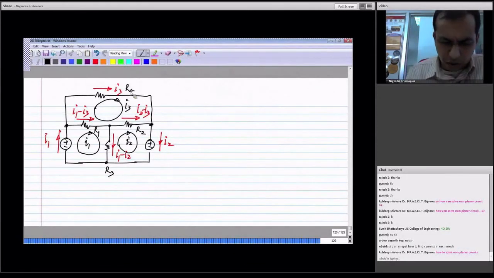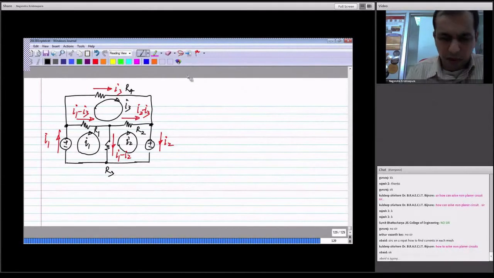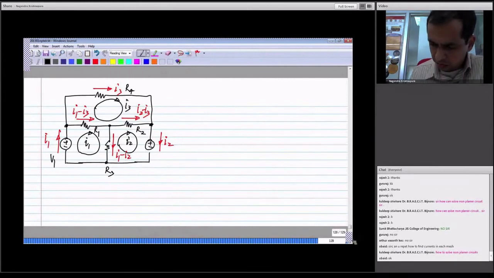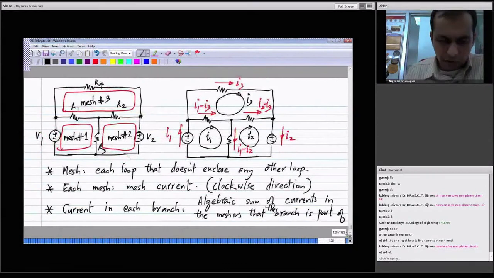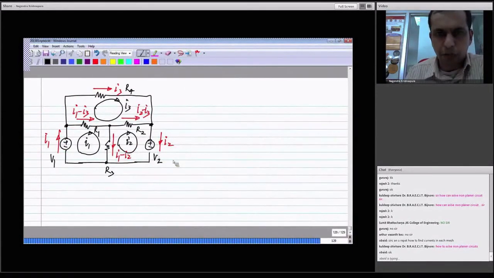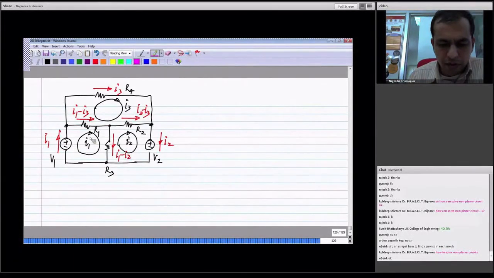So, if I write KVL around mesh number 1, and let me call this V1, and this is V2. If I write KVL around mesh number 1, what do I have? The voltage drop across R1 plus voltage drop across R3 equals V1.